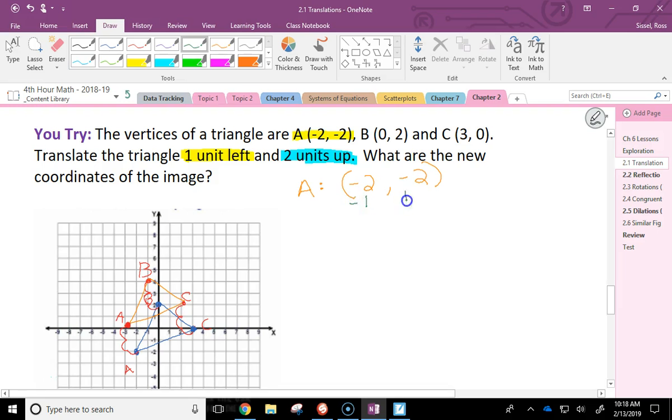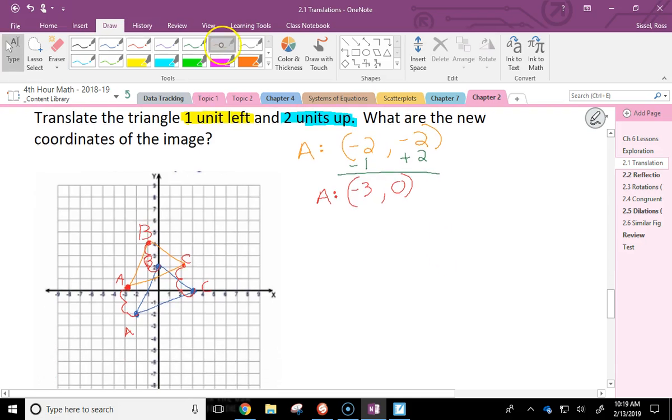I'm going to go 2 units up, so +2. When I add these, my new answer for A, for the new triangle: -2 minus 1 is -3, and -2 plus 2 is 0. A is at -3, 0.